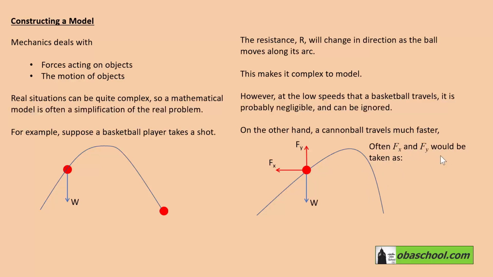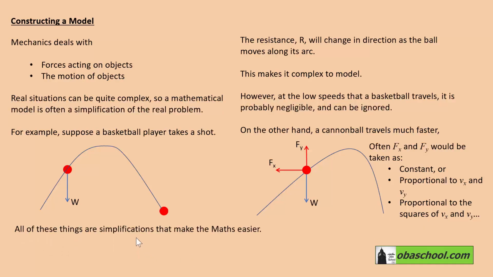Often, Fx and Fy would be taken as constant and not therefore changing along the path, or proportional to the components of the velocity themselves, or proportional to the squares of the components of the velocities.